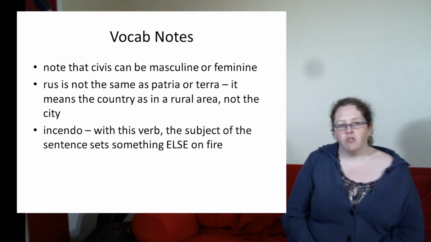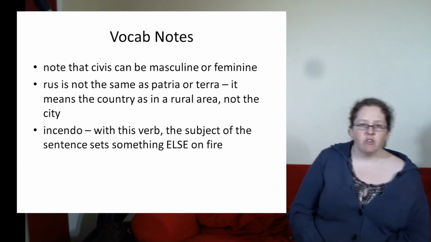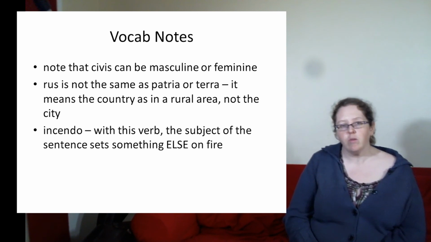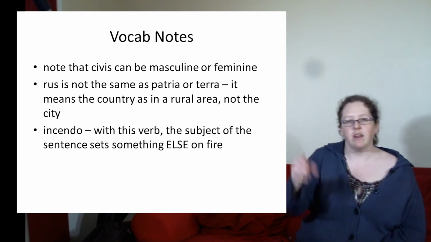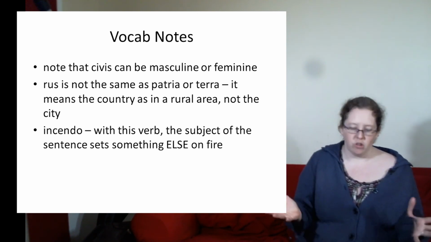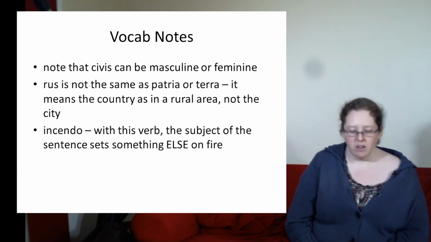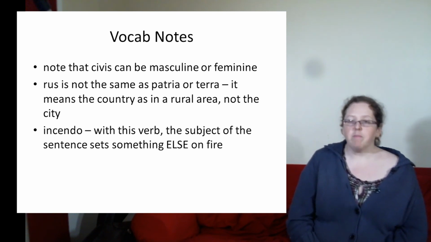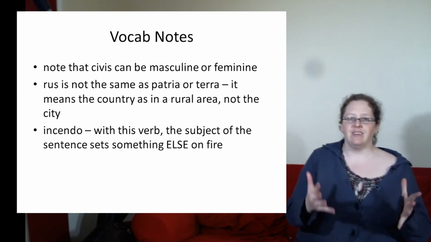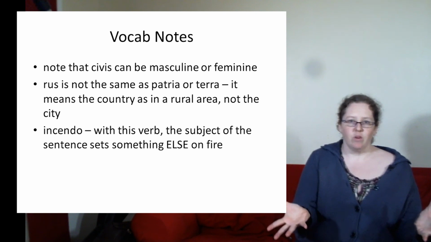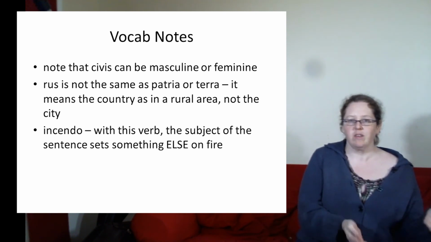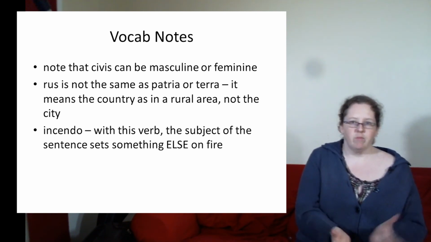One word that I wanted to make sure you understood the connotations of is rus. So rus, the book says it's country and then it has side in brackets, so the countryside. It's not the same as patria or terra or any of the other words you might know that mean country. Rus means the country as in the rural areas of the world, as opposed to the city. So rus really means rural, the countryside.